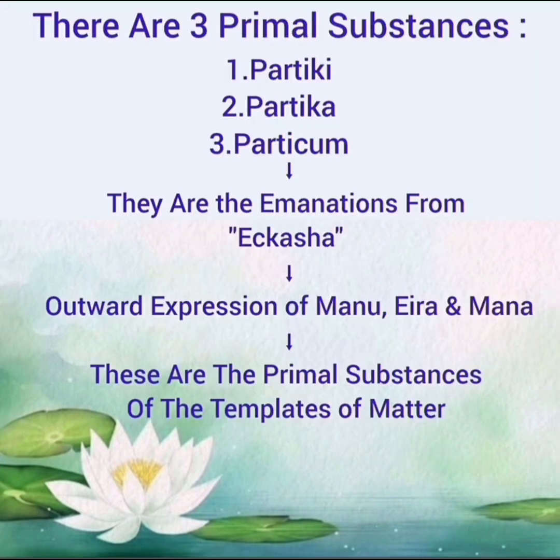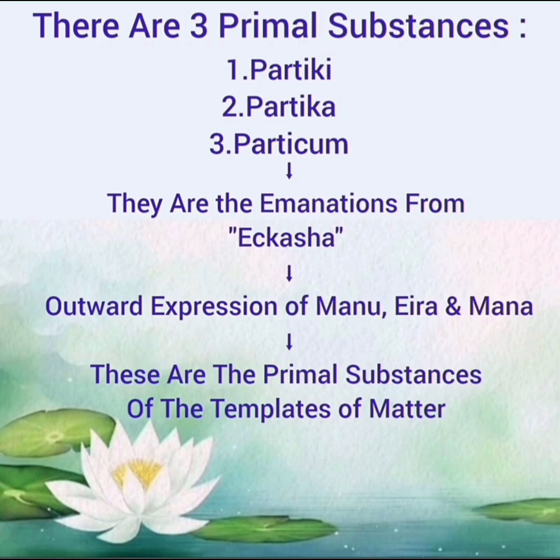So in the previous video, we got to know what the partiki, partike and particum are. The partiki, partike and particum are the three primary units that every other particle and waveform is built upon. Basically, these are the building blocks of the universe. These are God's energy, the template of matter, the emanation from Akasha, and they are also called the primal substance or the blueprint upon which matter builds.